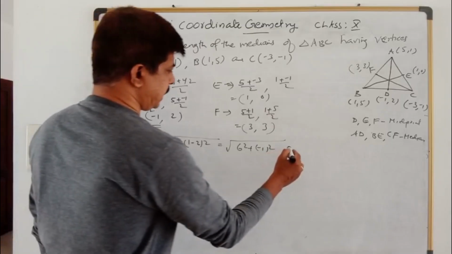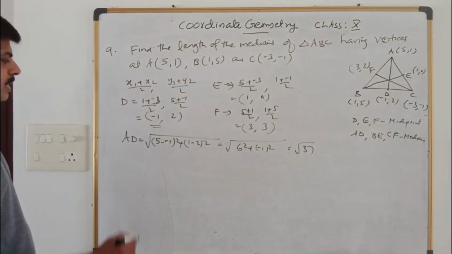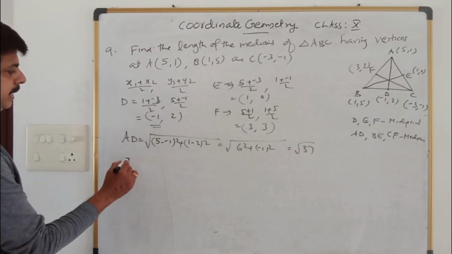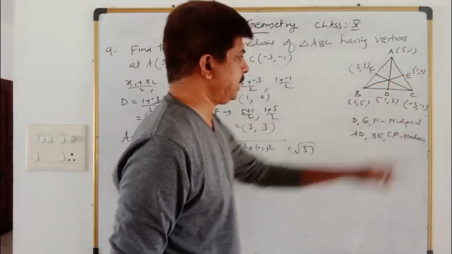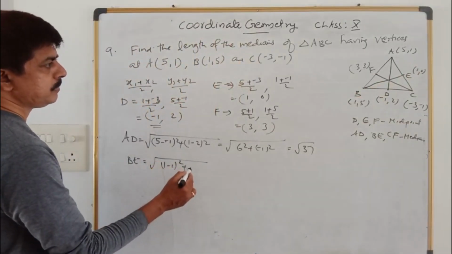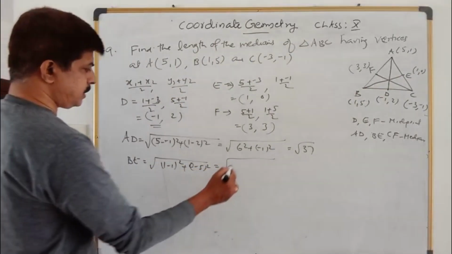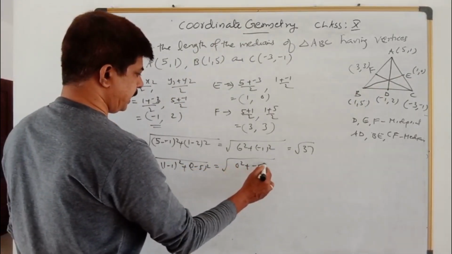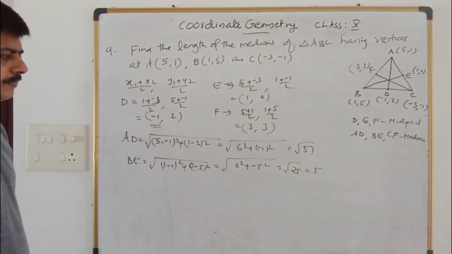Root 36 plus 1, root 37. Like that, what is the length of median BE? Same way, 1 minus 1 whole square plus 0 minus 5 whole square, equal to 0 square plus minus 5 square. Root 25 is equal to 5.